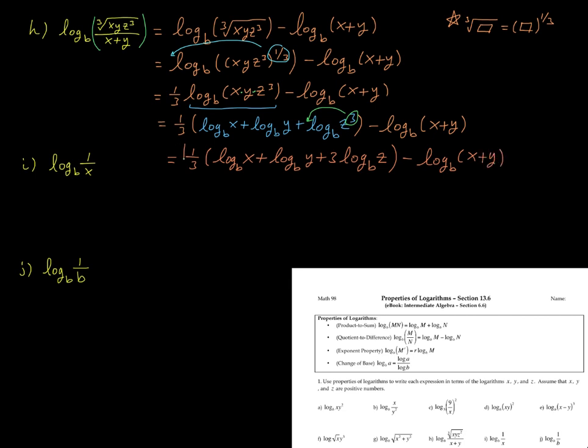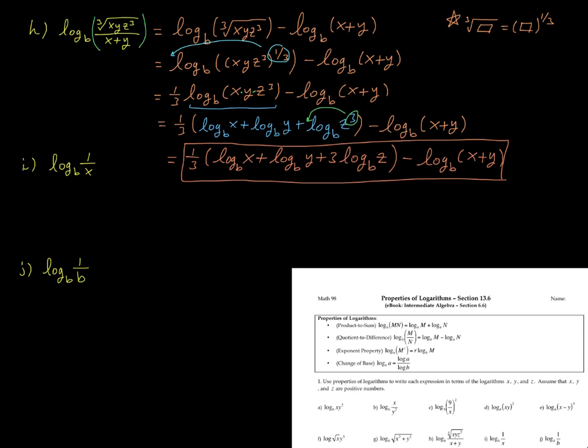Okay, and that is where we finally stop. There's a lot of things going on in that example. Careful also, right? The log base b of x plus y, as we've already noted, we cannot split that up. We just leave it as is.